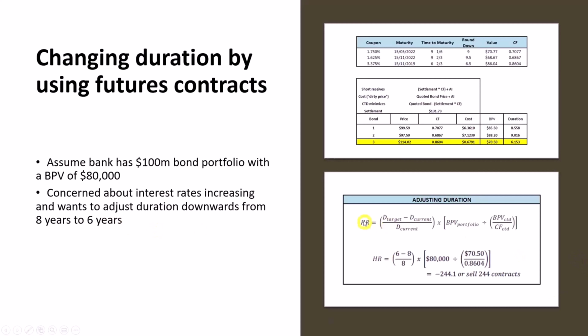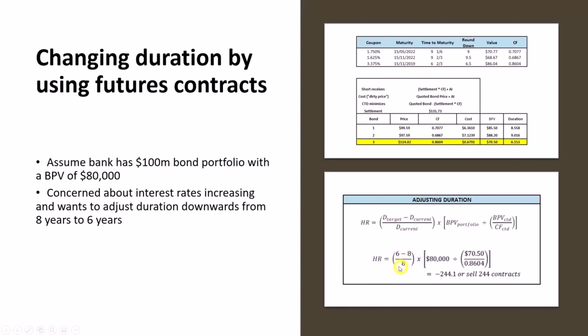So the key idea is to use the formula here, and the hedge ratio now is we take these values, as can be seen here. Once again, we're making reference to the BPV of the portfolio, which we know, the BPV of the cheapest to deliver, and the conversion factor of the CTD, all of which have been explained. We can see here that we, let's say, plug in these values here. So this is the target duration of 6.